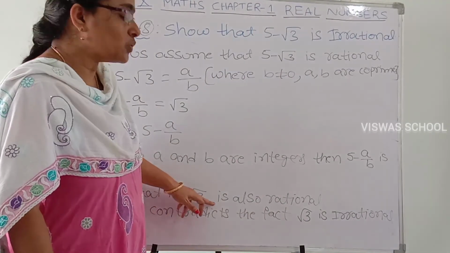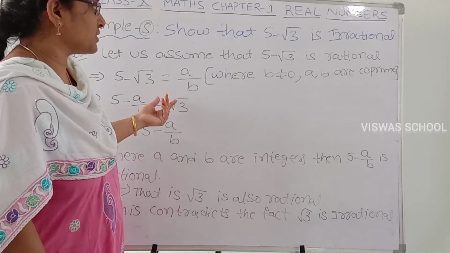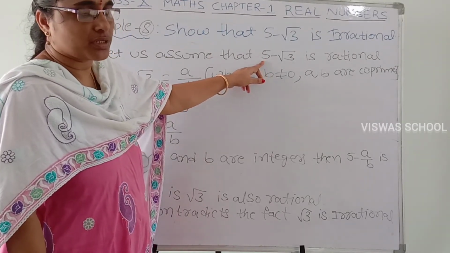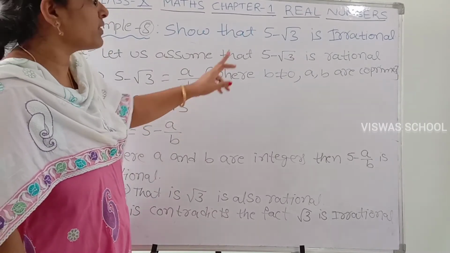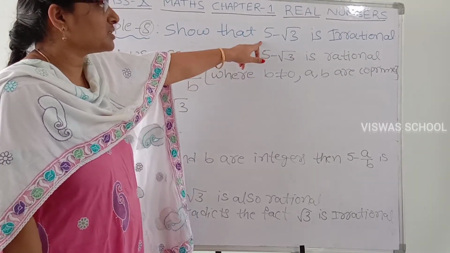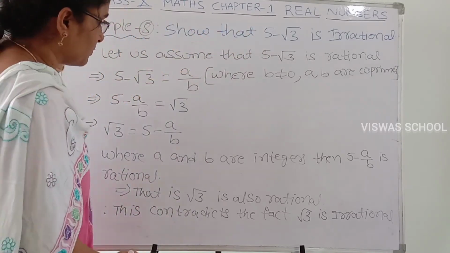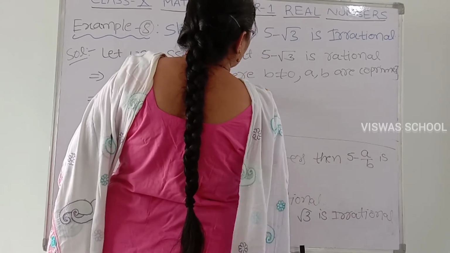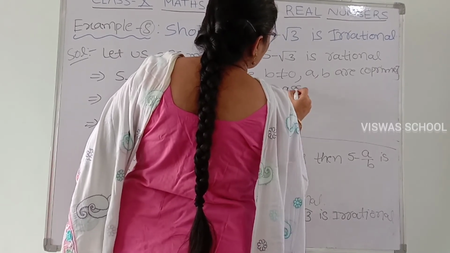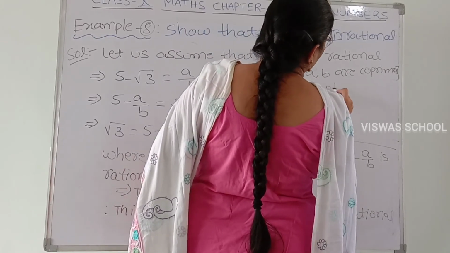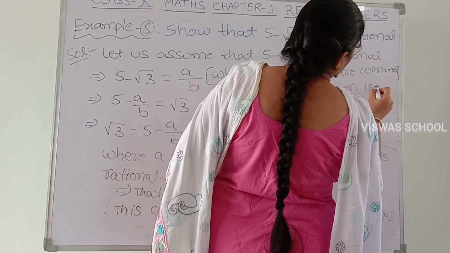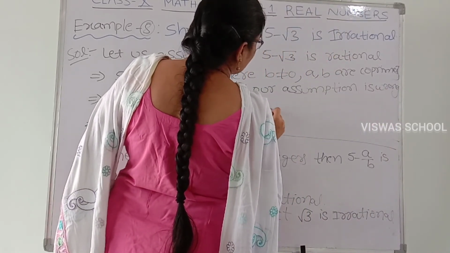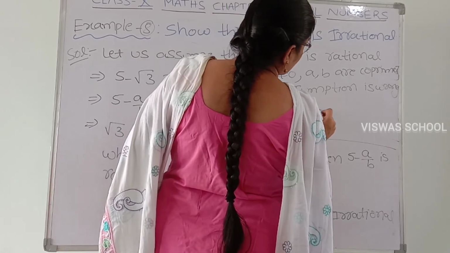Why are we getting root 3 is rational? Because of our assumption. What is our assumption? 5 minus root 3 is a rational number. Therefore our assumption is wrong. Therefore 5 minus root 3 is an irrational number.